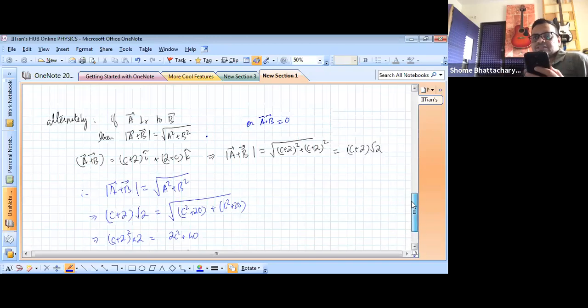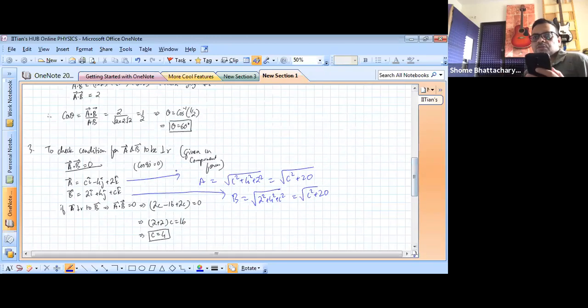So I hope both the methods in this are clear. But as I told you, from now, remember this as the easy method of solving for perpendicular condition. That dot product should be 0. Okay. So fifth question is a logical question. Okay, you have to understand it this way.